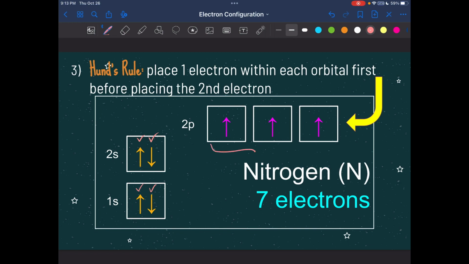So now that we have 3 electrons left over, we're going to make sure that each box contains 1 up arrow sign first before putting the down arrow sign. But in this case, we only have 3 up arrow signs, so that's the only thing we're going to draw. Okay? So make sure you guys have this correct answer down, and make sure you guys have these rules in your head so you can understand to follow those rules before making any mistakes.